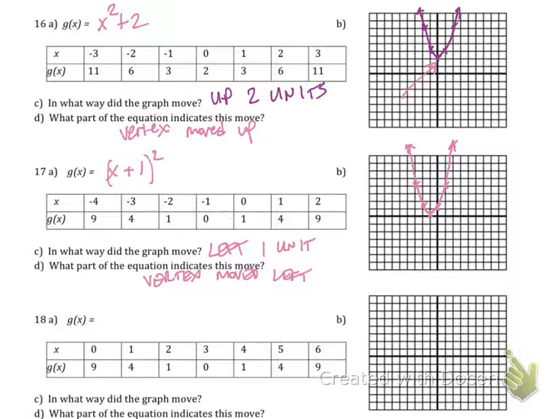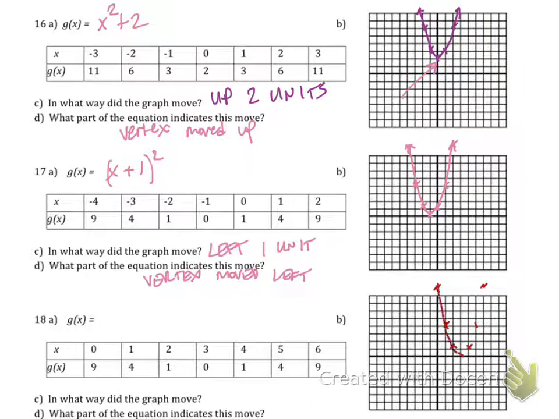For number 18, same process. Plot those points. 0, 9. 1, 4. 2, 1. 3, 0. 4, 1. 5, 4.